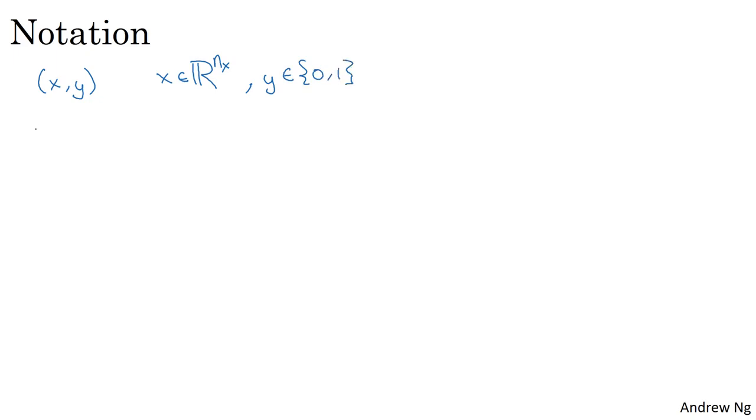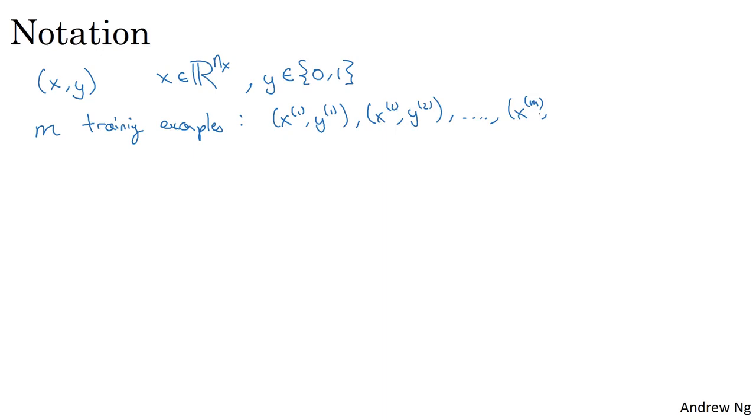Your training sets will comprise lowercase m training examples, and so your training sets will be written x1, y1, which is the input and output for your first training example, x2, y2 for your second training example, up to xm, ym, which is your last training example, and then that altogether is your entire training set.